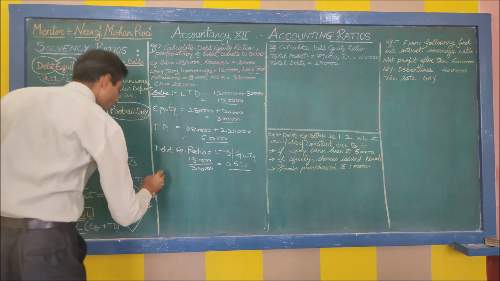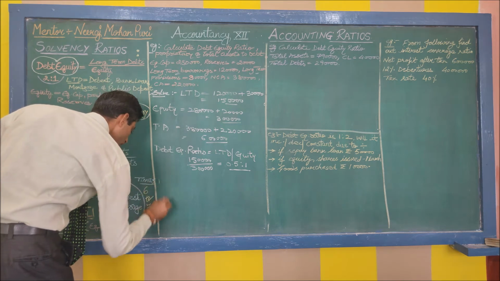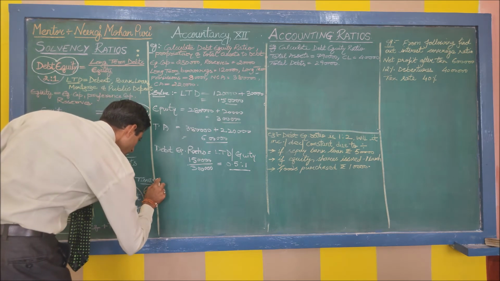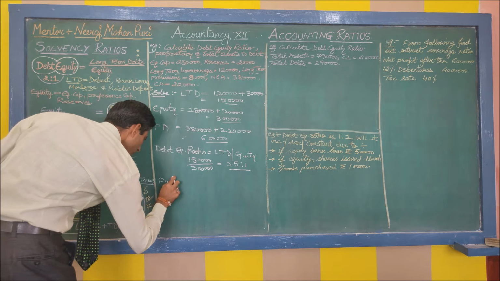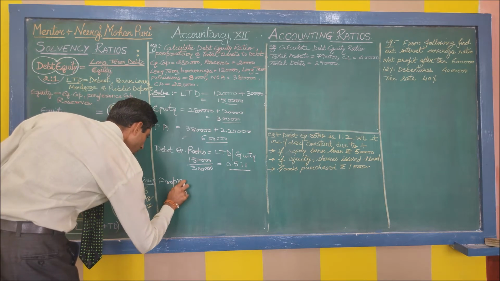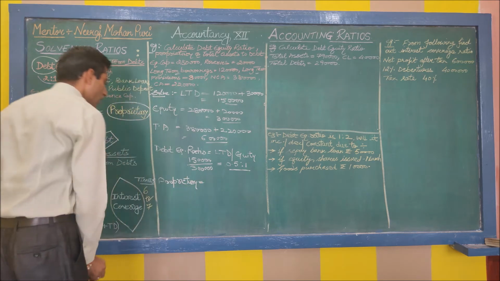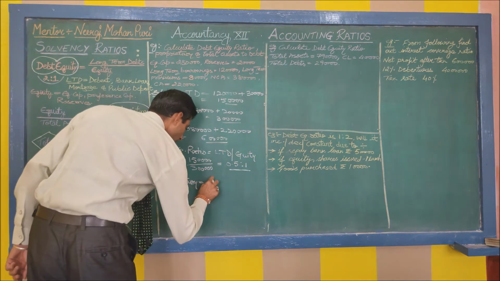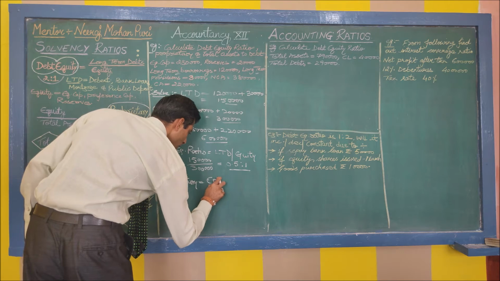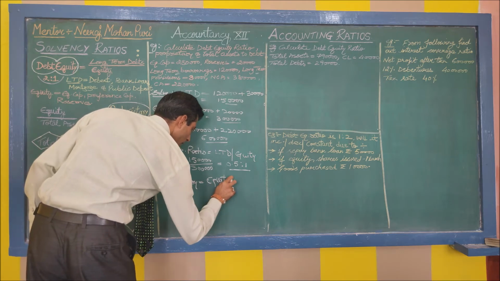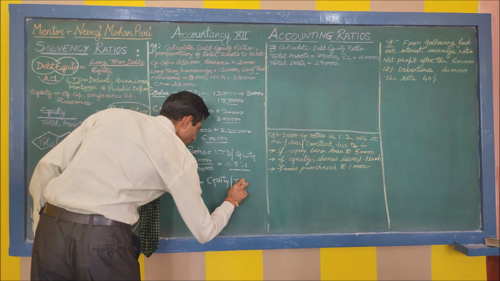Second, we need to find proprietary ratio. So our proprietary ratio formula is equity upon total assets. Equity divided by total assets.